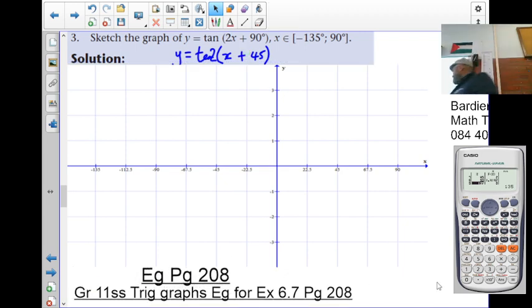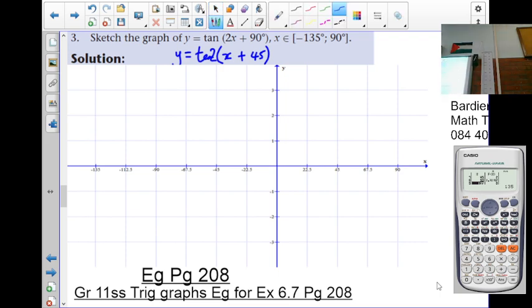Okay. So again, people, when we draw the tan graph, that's what the tan graph looks like at 90 and negative 90. Not so. And then that goes from 0, that is normally 45, and 1. Okay.